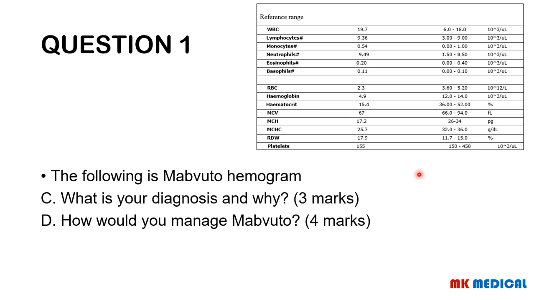Then this question goes on and says the following hemogram was taken, WBC 19. They have even done you the favor of giving you the normal values here on the right. If it was up to me, I wouldn't have given you the normal values.